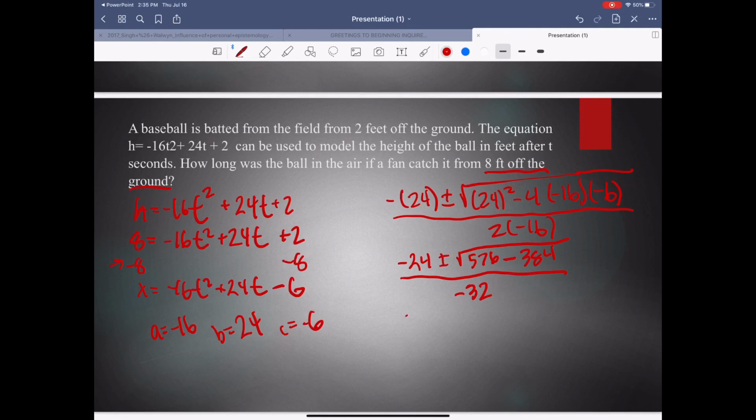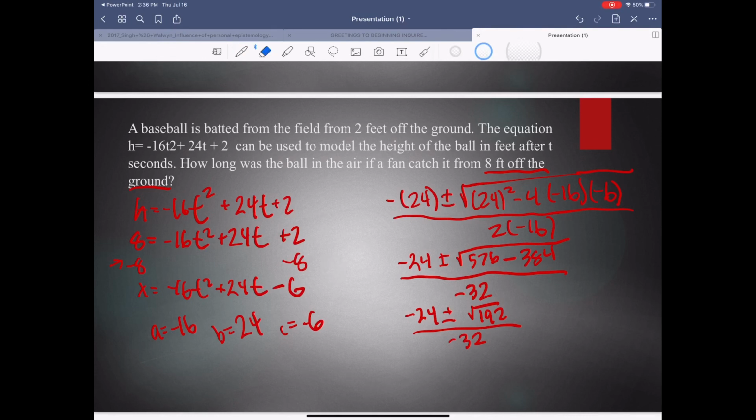So I'm going to go ahead and simplify once more. So 192 isn't a perfect square, so you're going to have to simplify the radical. So I'm going to come over here.